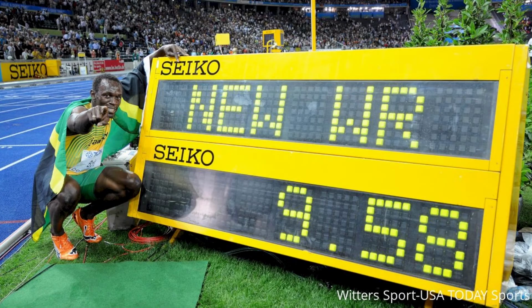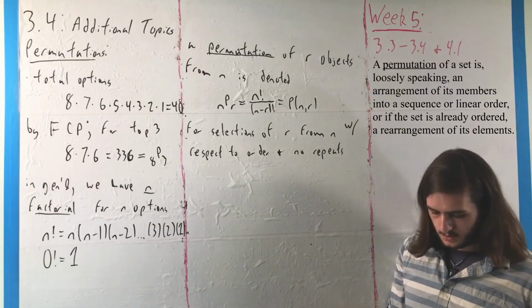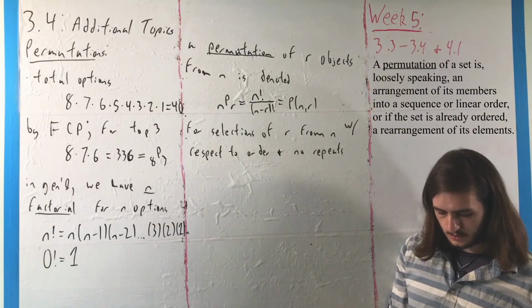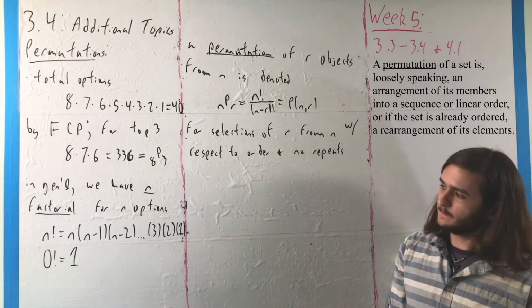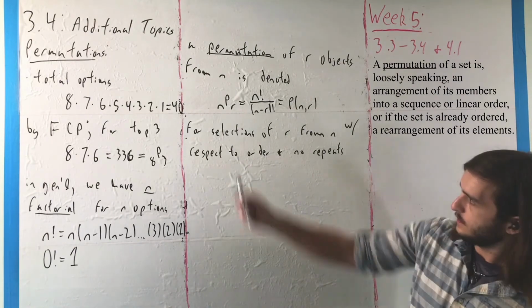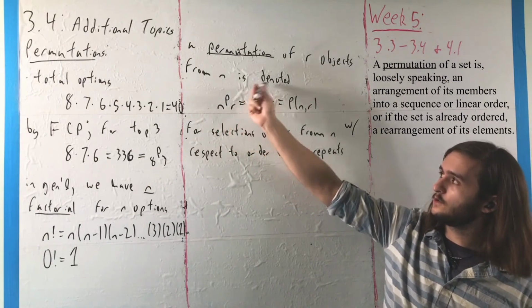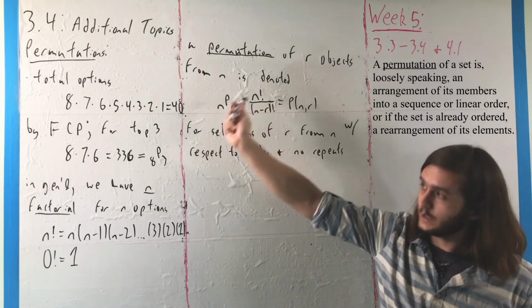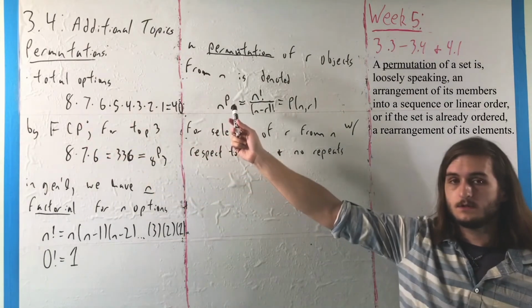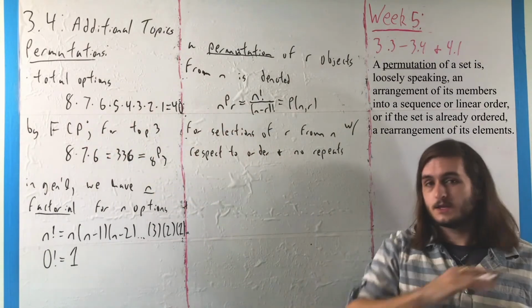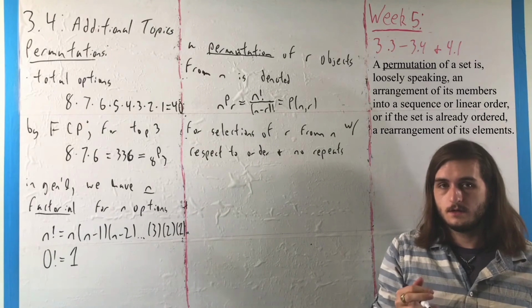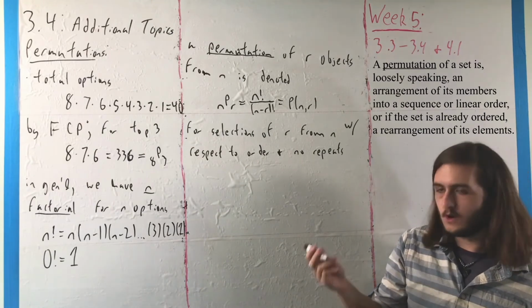But for this, what you can think of the permutations as doing is saying, okay, I've got n options. If I want to find all the ways I can arrange n of them, I just multiply everything out. I say, I don't care, let's just spit it all out there. But then I say, well, I don't care about all of them.